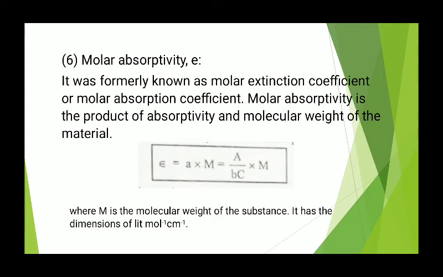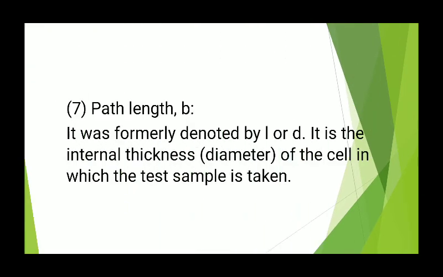Absorptivity is A upon bc. Therefore, instead of writing small a, you can write A upon bc into molecular weight. Now, path length. Path length is denoted by the letter L or D. It is the internal thickness of the cell in which the test sample is taken.